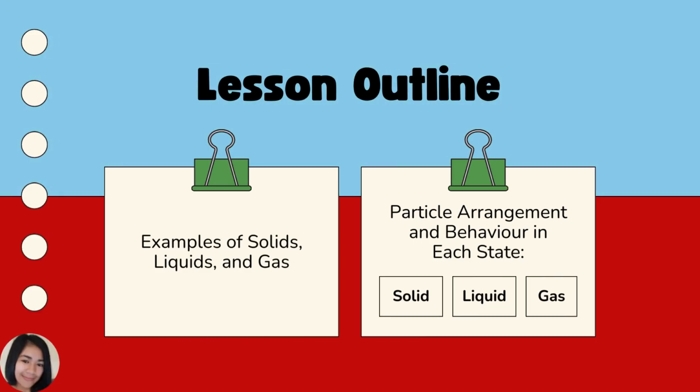Okay, so in matter, there are three types or what we call the phases of matter. So we have the solids, liquids, and gas. And of course, in the phases of matter, there are different behavior or what we call the arrangement of particles in solid, liquid, and gas.